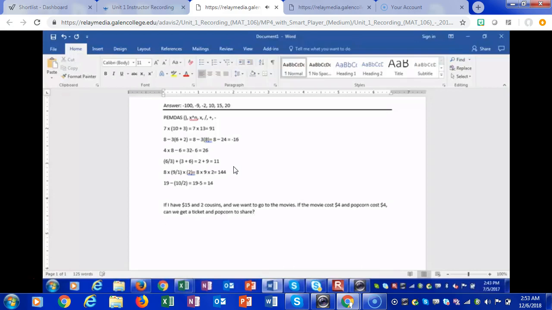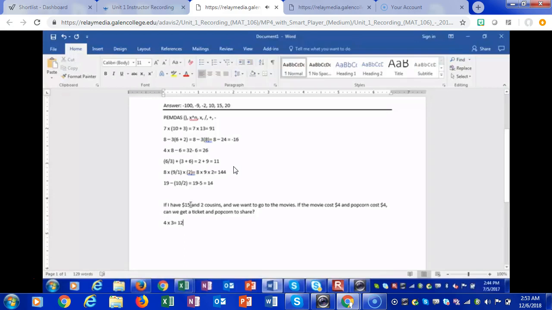First of all, there are 3 people going to the movies. Remember, I only have $15, and it's me and my 2 cousins. So if the movie costs $4 for 3 people to go, well, first of all, how much is that? What's 4 times 3? 4 times 3 in this case is $12. Going back to the beginning, I only have $15. But popcorn costs $4.